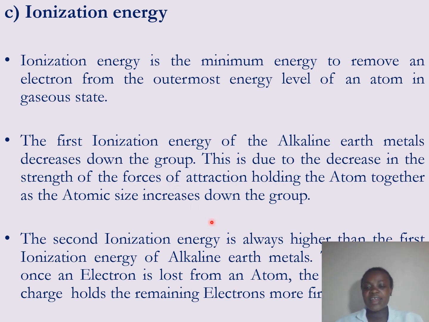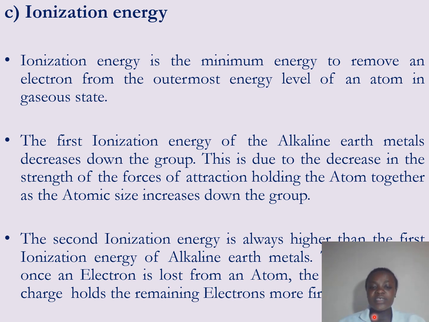Then the second ionization energy is always higher than the first ionization energy. That is simply because when one electron is lost from an atom, the positive charge in the nucleus remains the same.